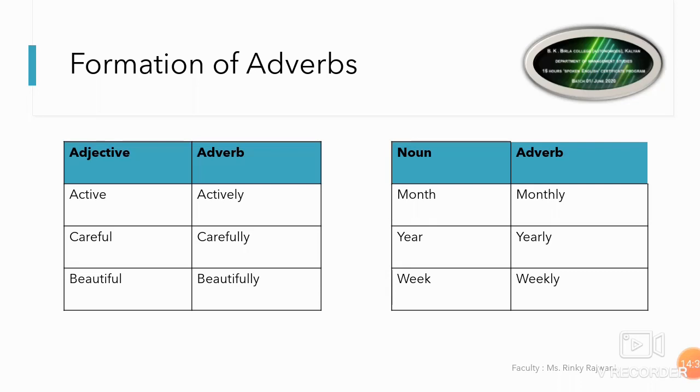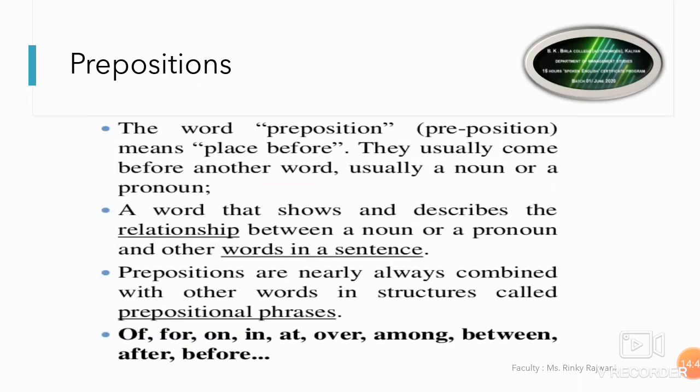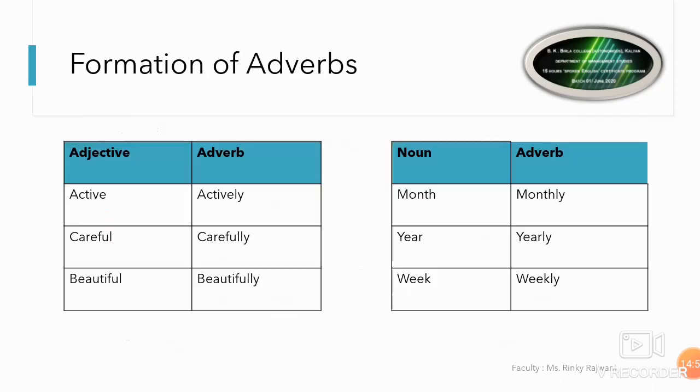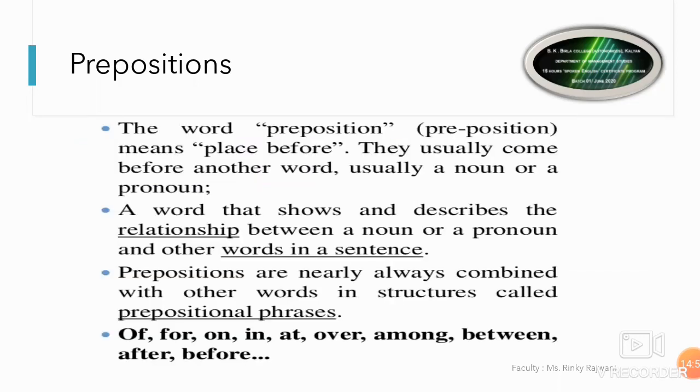So very easy to form adverbs, no? Here we are only adding ly at the end, right? And then it forms an adverb. So actively, carefully, beautifully, completely, monthly, daily, weekly, yearly, all these are adverbs. Let's move to the next one now.